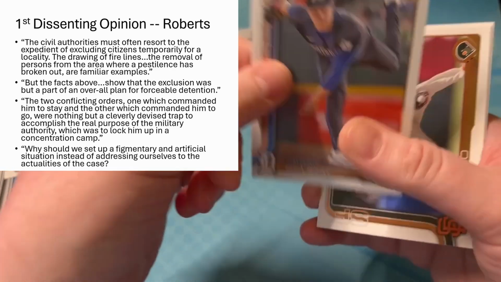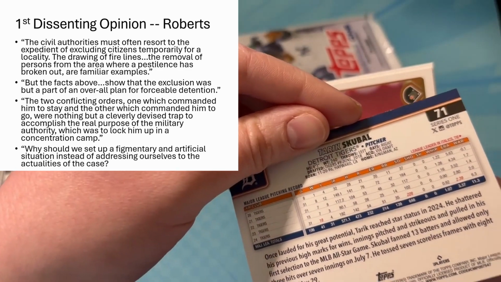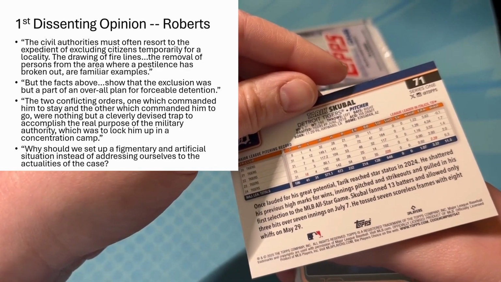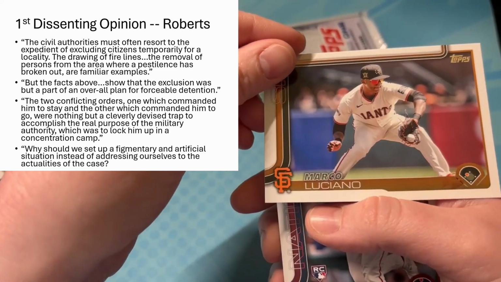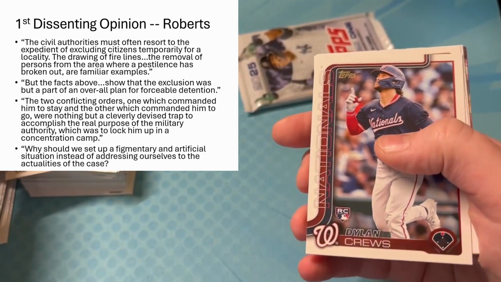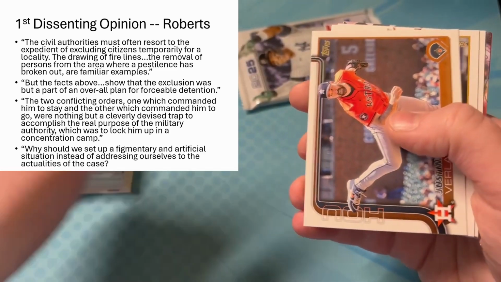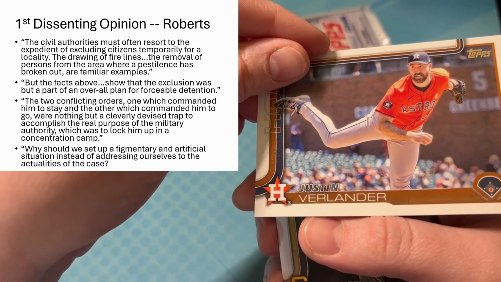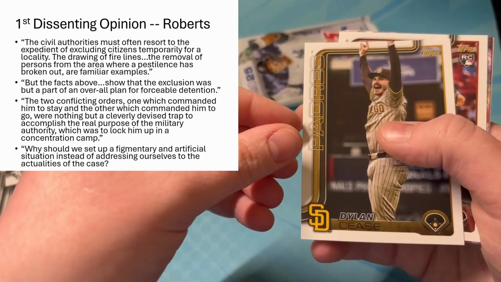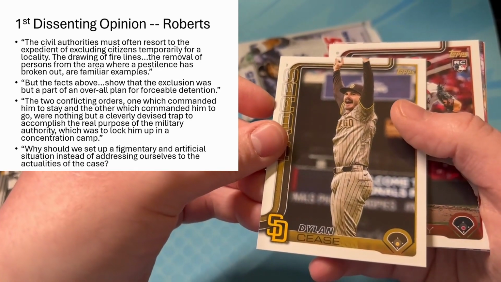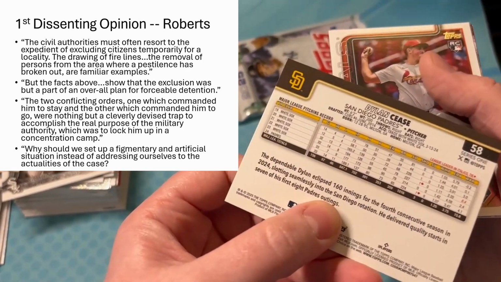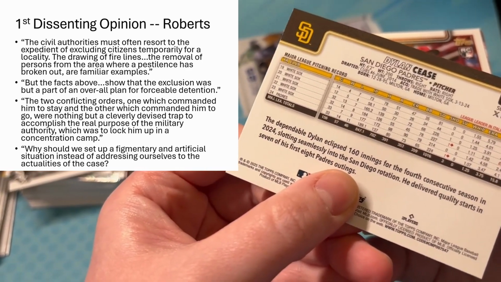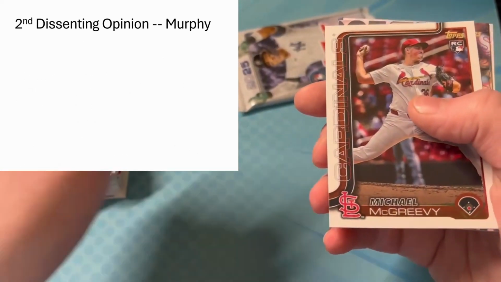The two conflicting orders, one which commanded him to stay and the other which commanded him to go, were nothing but a cleverly devised trap to accomplish the real purpose of the military authority, which was to lock him up in a concentration camp. Again, highlight, underline, italics, that is solid stuff. Why should we set up a figmentary and artificial situation instead of addressing ourselves to the actualities of the case?